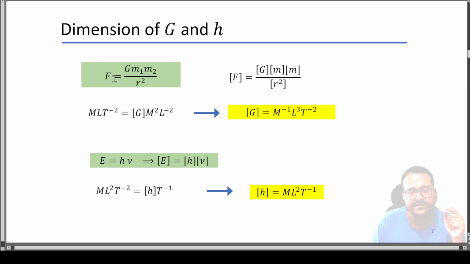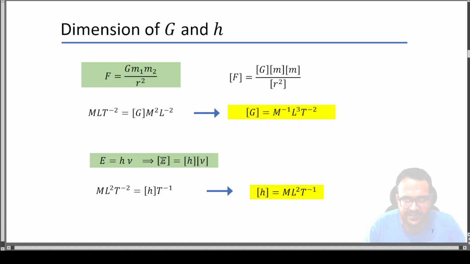So this dimension of force should be equal to dimension of G multiplied with M square, as there are two m's here, by L square. The distance is L. So dimension of G, M square into L to the power minus 2. Hence I get the dimension of G is M to the power minus 1 L cube T to the power minus 2. That's very easy.